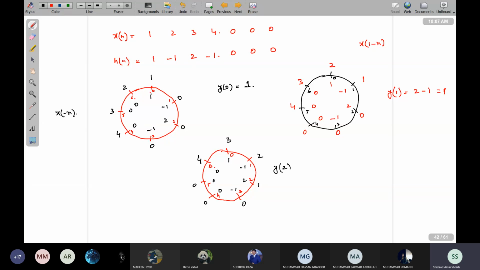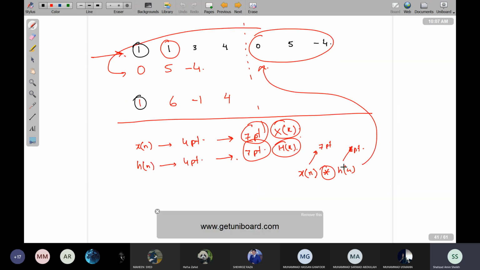Now y of 2 will be equal to what? 2 minus 2 plus 3, and rest of the samples are 0. As a result you're getting 3, which is shown here.